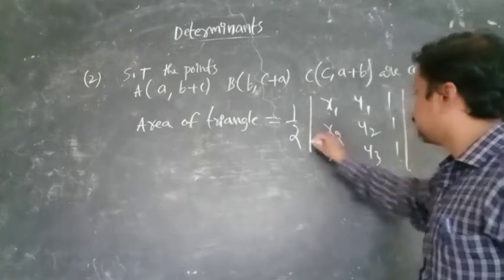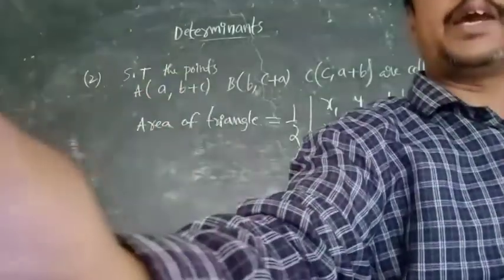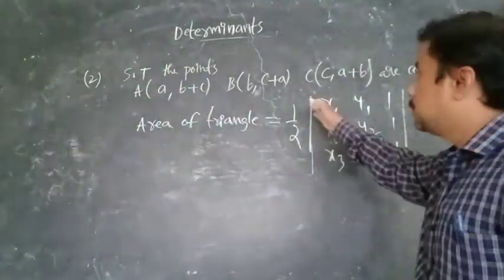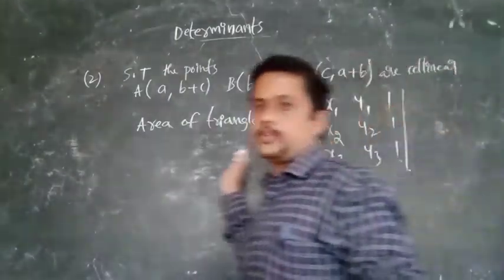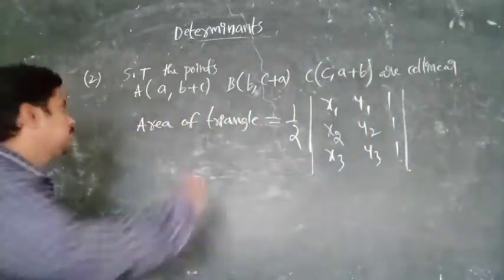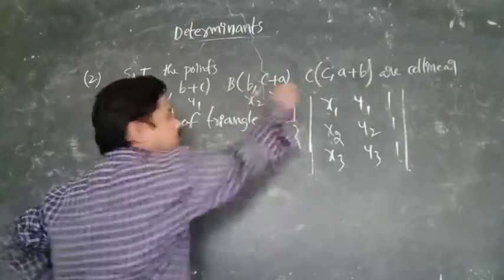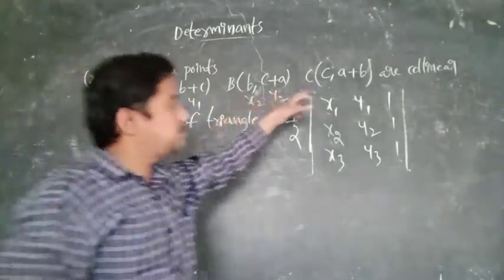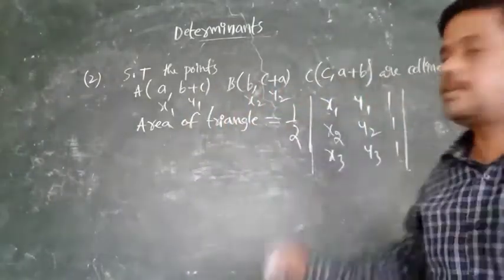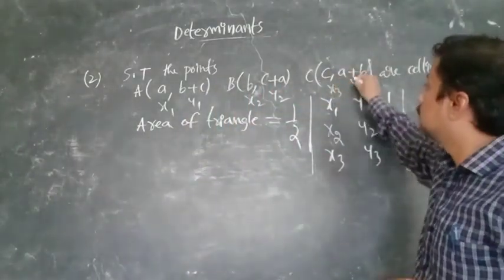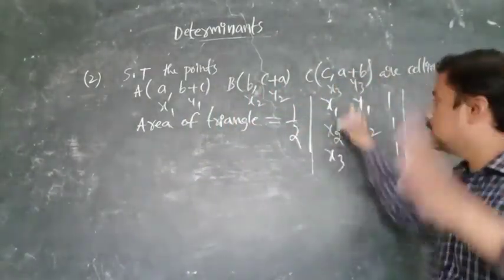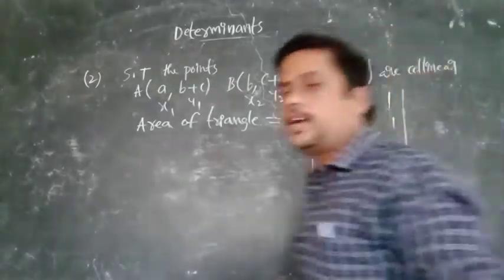Okay, this is the formula. See, substitute these values here. Consider the A point as x1 comma y1, the B point as x2 comma y2, and this point is what? x3 comma y3. Substitute these points here.